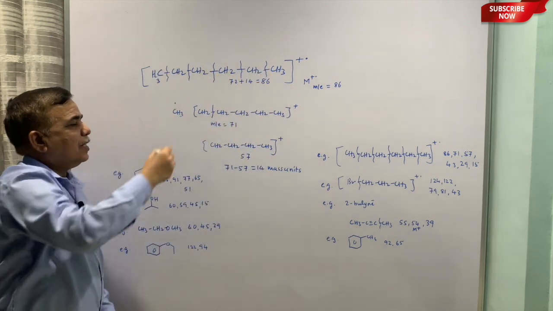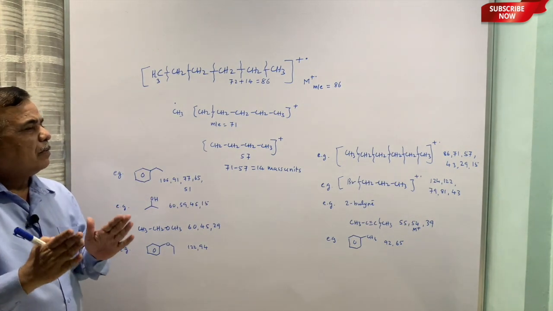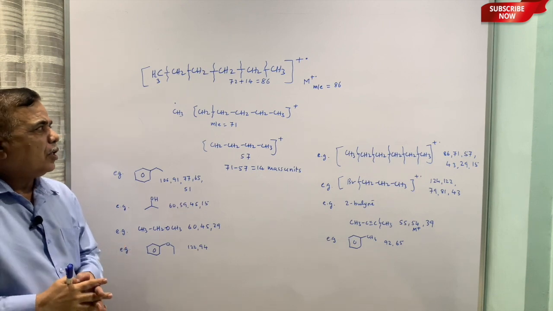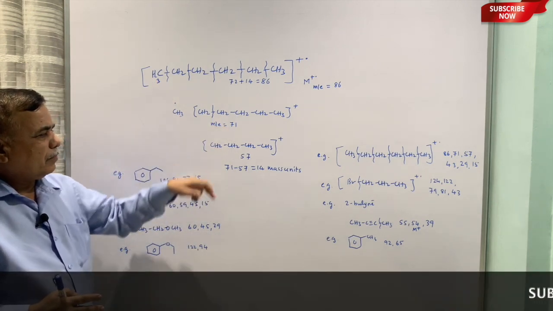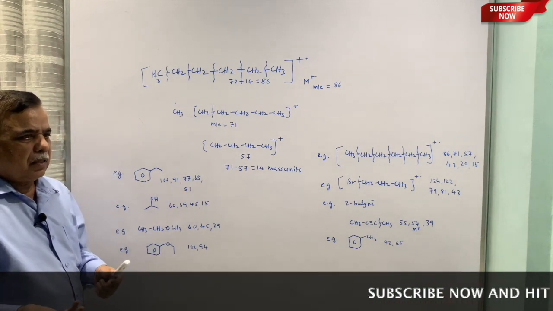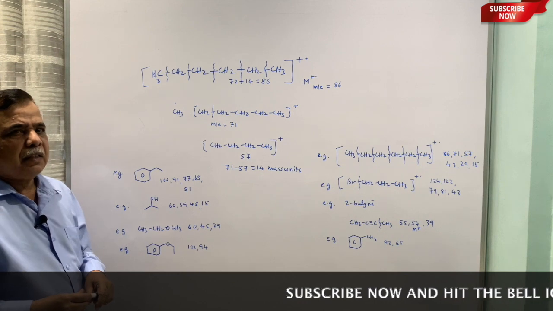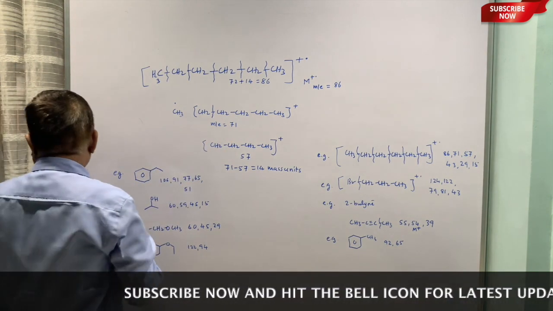Now, these lines denote the fragmentation, the cleavage of bond, and the successive units are differing by 14 mass units, that is the identity of alkanes. So, in alkanes you will find this kind of pattern.